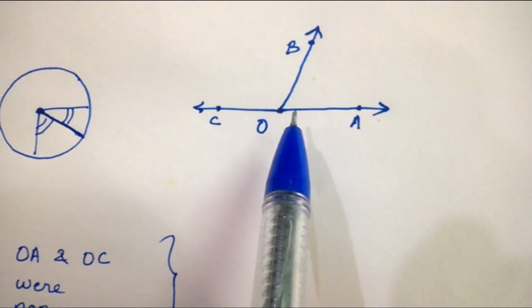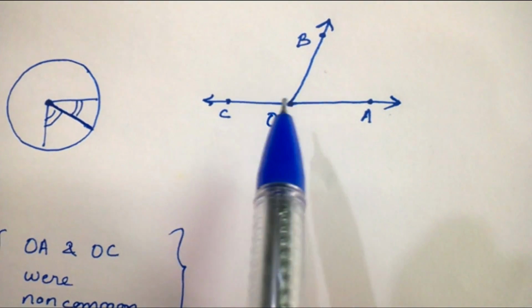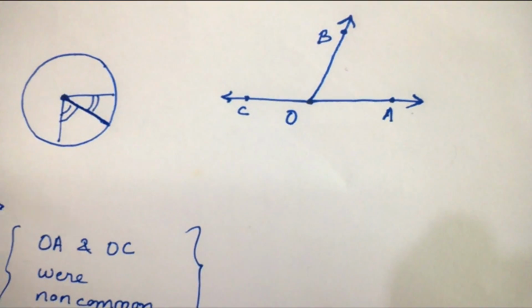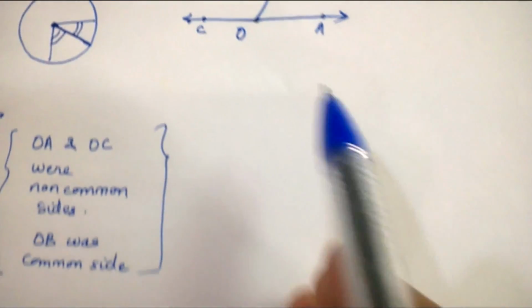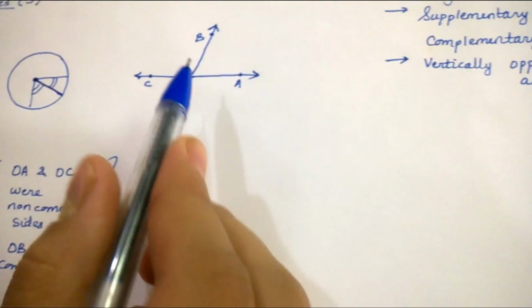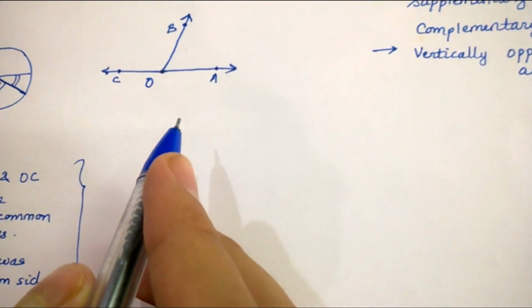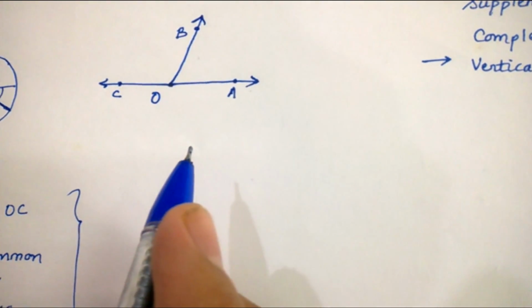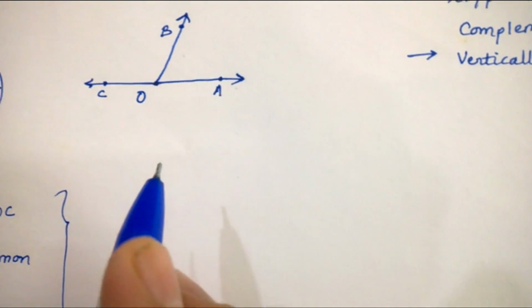We have discussed opposite rays in the previous lecture, so if you want to know more about it, you can go back a few videos. So this was the concept of linear pair. These angles AOB and COB form a linear pair of angles.